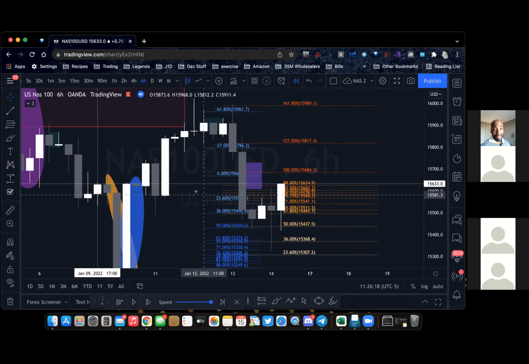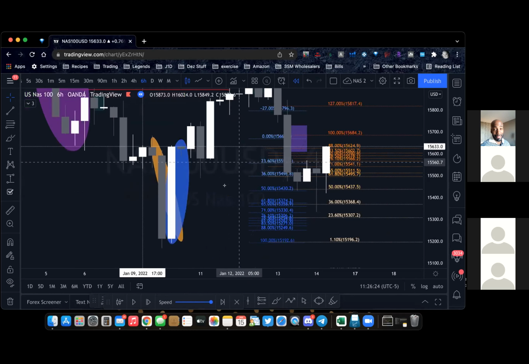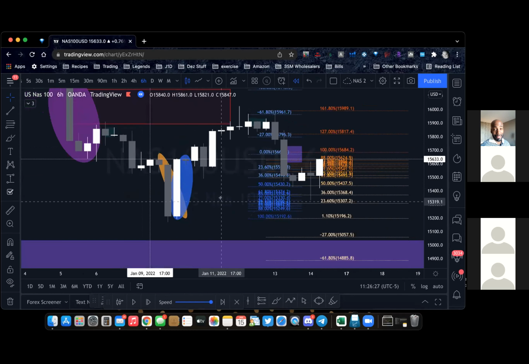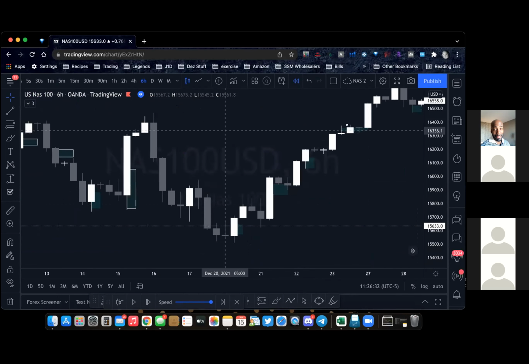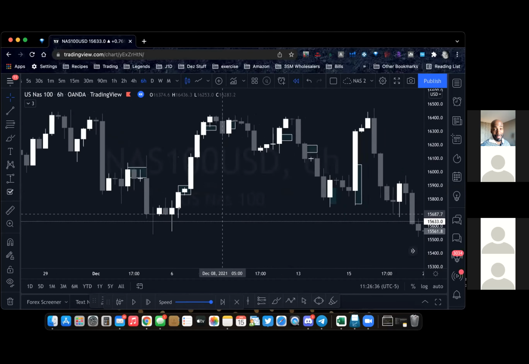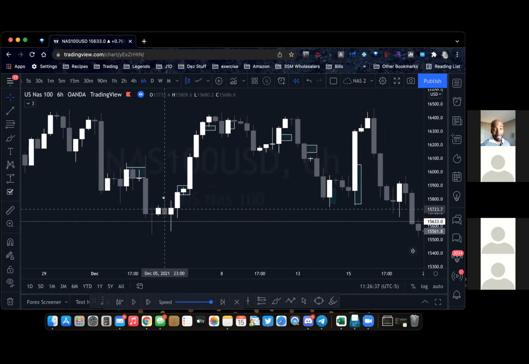And I think for the most part, everybody should understand what an imbalance and an order block is. Let me kind of come away from there, that way I have a cleaner chart. Okay, an order block would be the last up candle before the down at the top or the bottom of the range, pretty much.